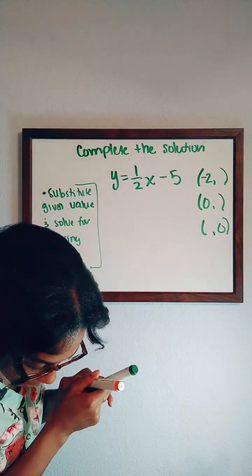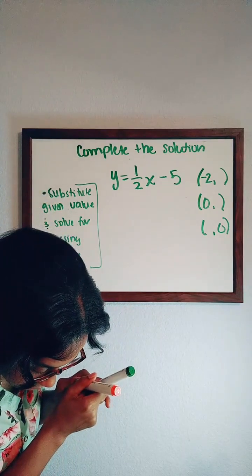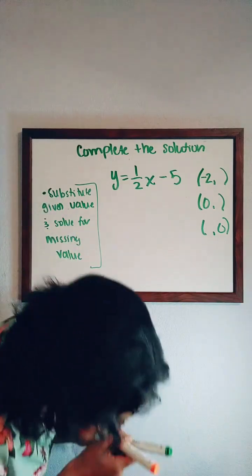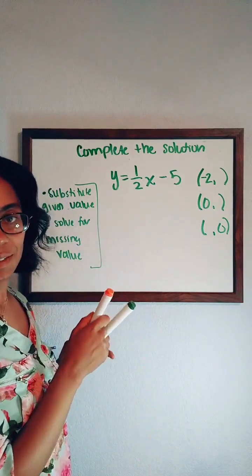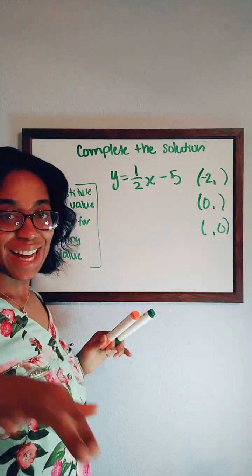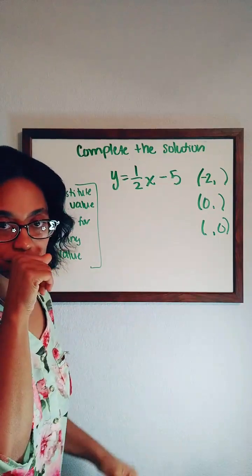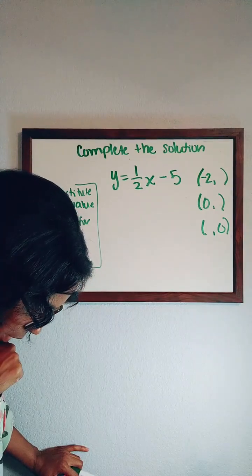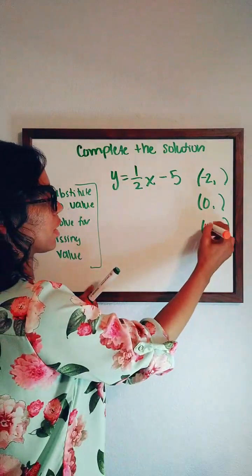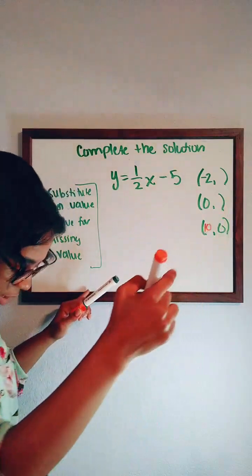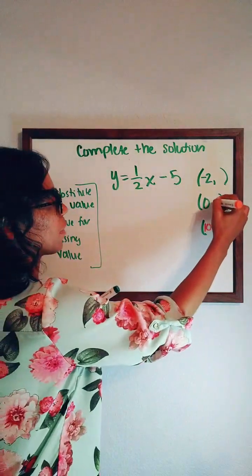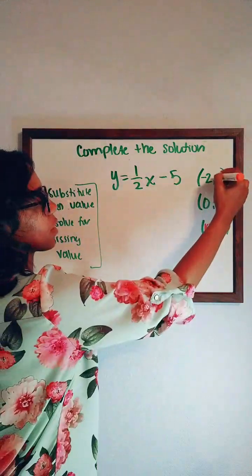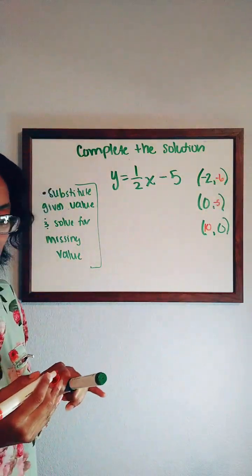And then what's the last one? 10. Perfect. Y'all got this. So x is equal to 10. So this should be 10. This one should be -5. And this top one should be -6.